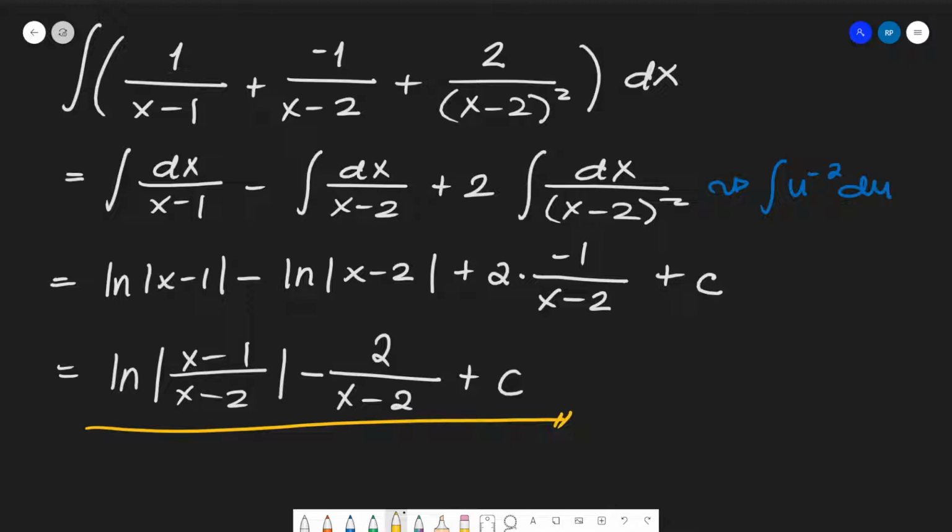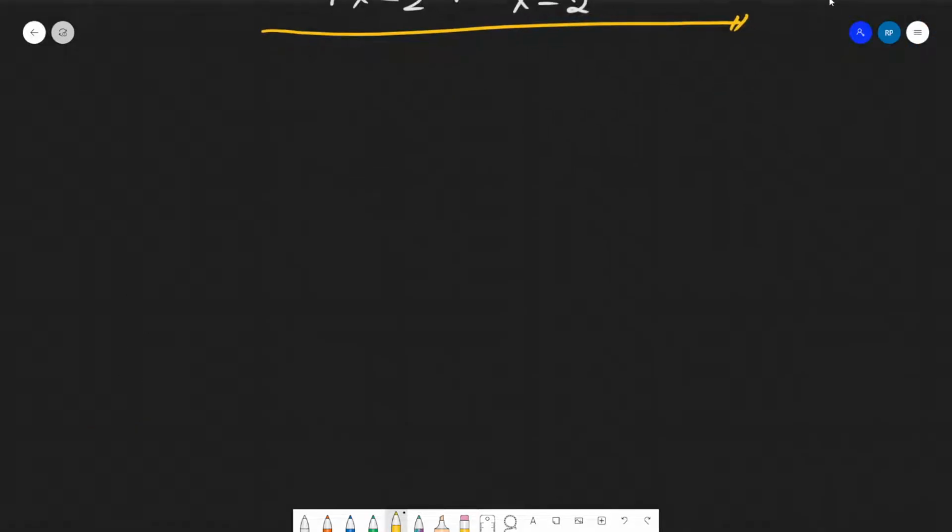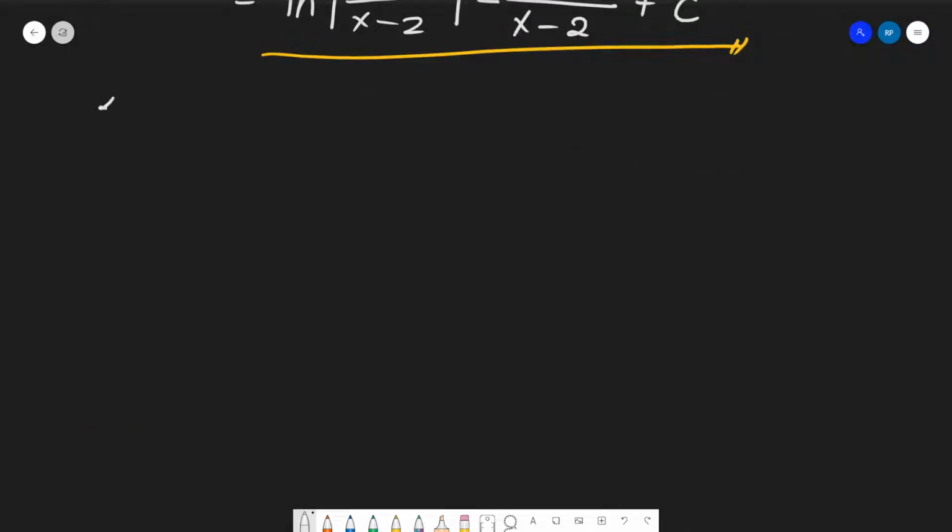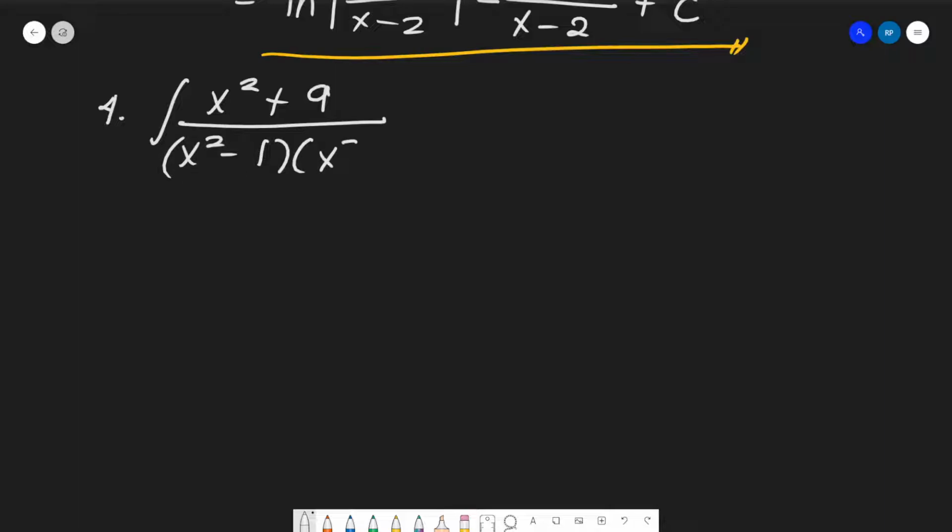Ayan. So last example tayo, number 4, no? So we have here, paano kung we have this. So we have here the integral of x squared plus 9 over x squared minus 1 times x squared plus 4 dx.